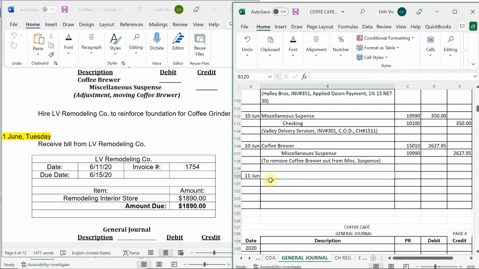Okay. So accounts payable for $18.90. So then, what is going to be the correlated debit account? Now, in this case, what did we do?